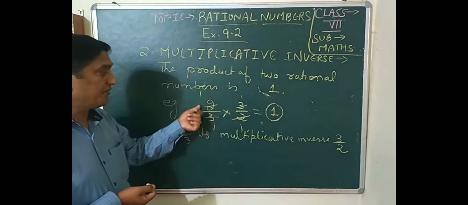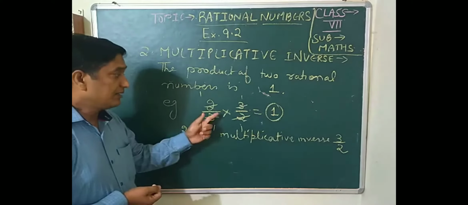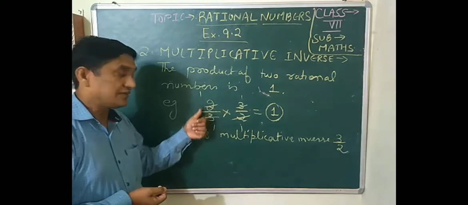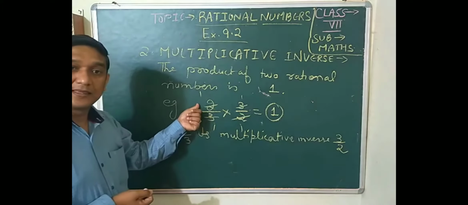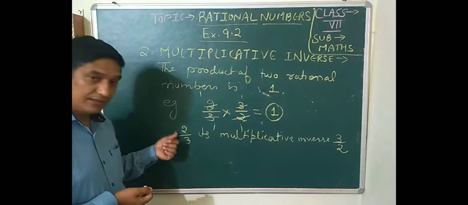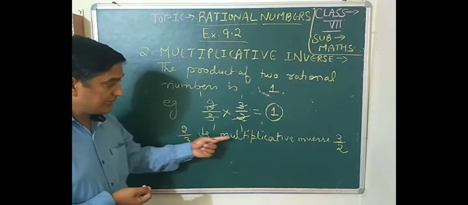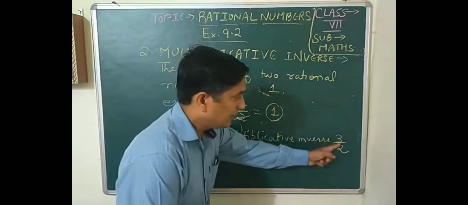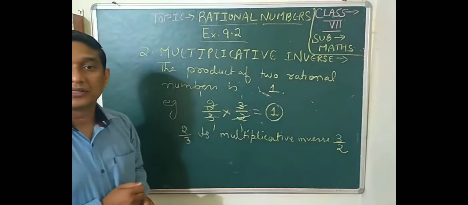The multiplicative inverse of any rational number is the reciprocal of that same number. Understood, children? 2 by 3 is one of the rational numbers and its multiplicative inverse is 3 upon 2.